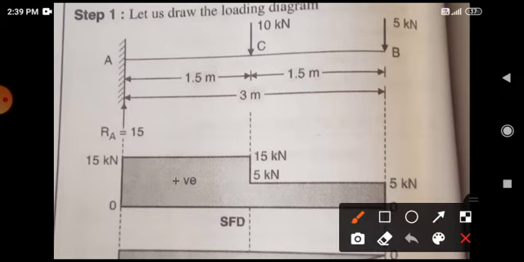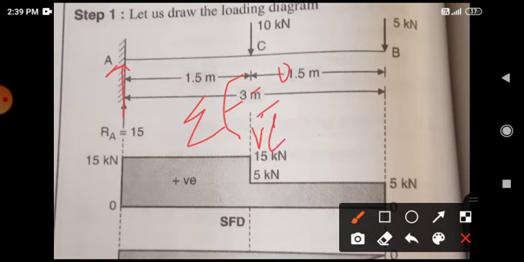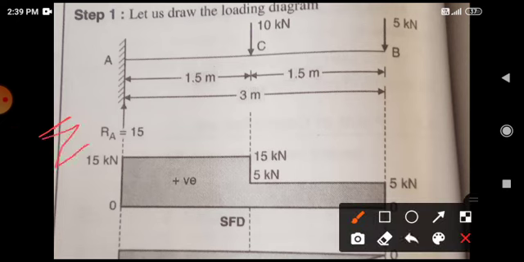SFD. First, calculate the reaction at the support. By doing what? Sum of all the forces is equal to 0. That means sum of all the vertical forces is equal to 0, and sum of horizontal forces is equal to 0.